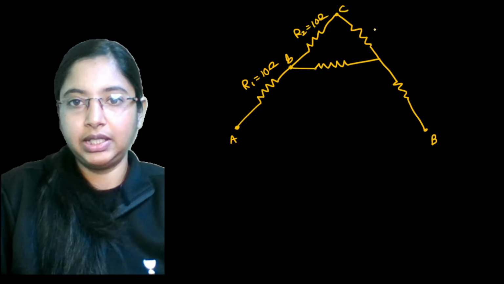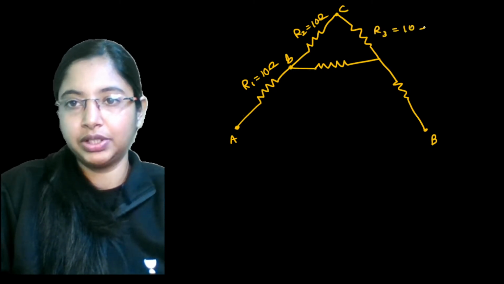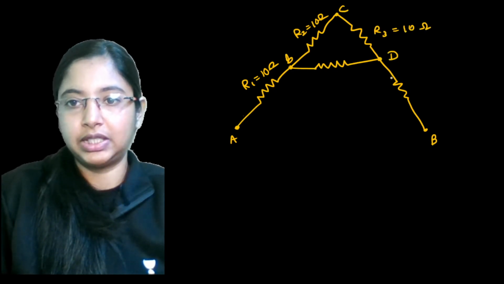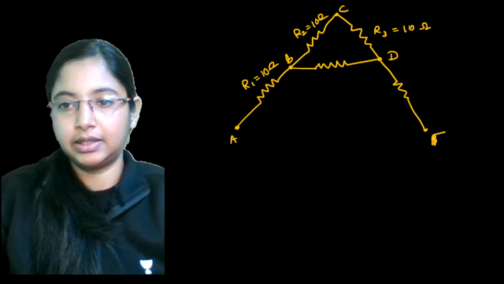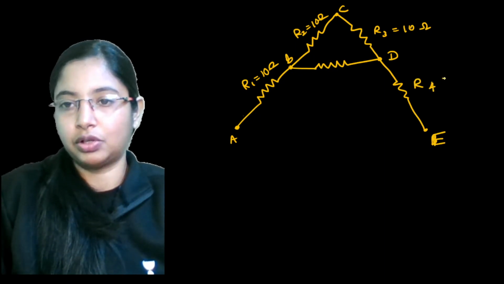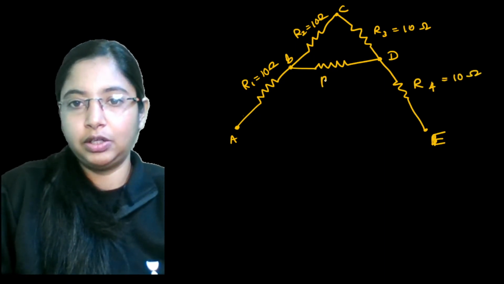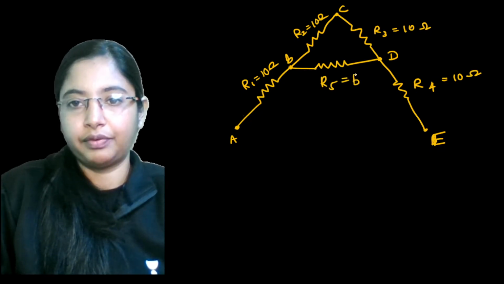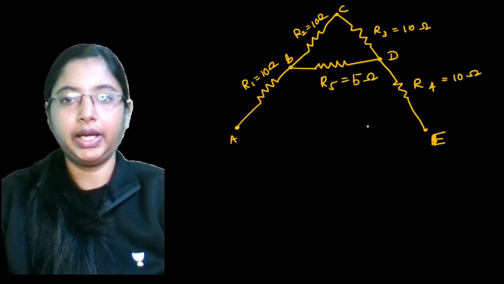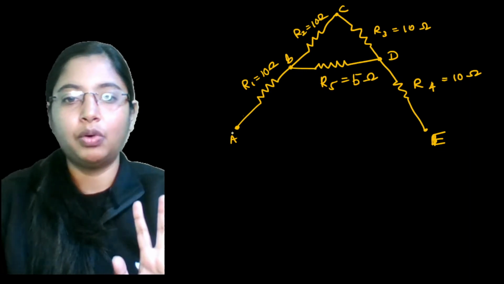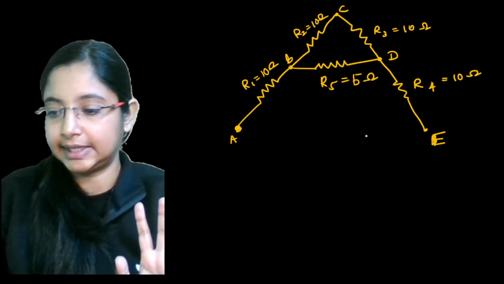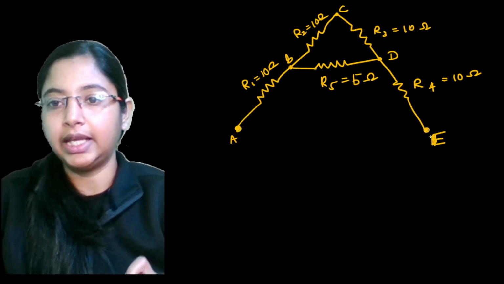This is point C. R3 is again 10 ohms. This is point D, and this is point E, and R4 is also 10 ohms. Now this individual resistor in between is 5 ohms. Now we want to find the effective resistance across this end AE.